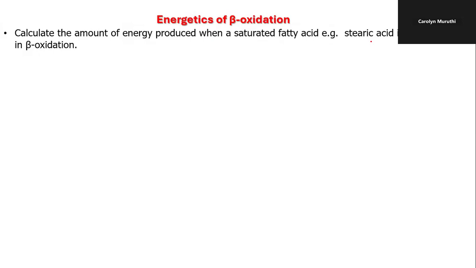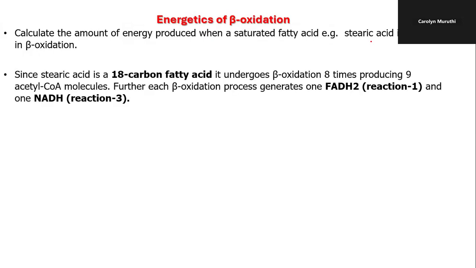So let's see the amount of energy that is generated by beta oxidation. I need to calculate the amount of energy produced when a saturated fatty acid, in this example stearic acid, undergoes beta oxidation. We know that stearic acid is an 18-carbon fatty acid, so it will undergo beta oxidation 8 times, producing 9 acetyl-CoA molecules.